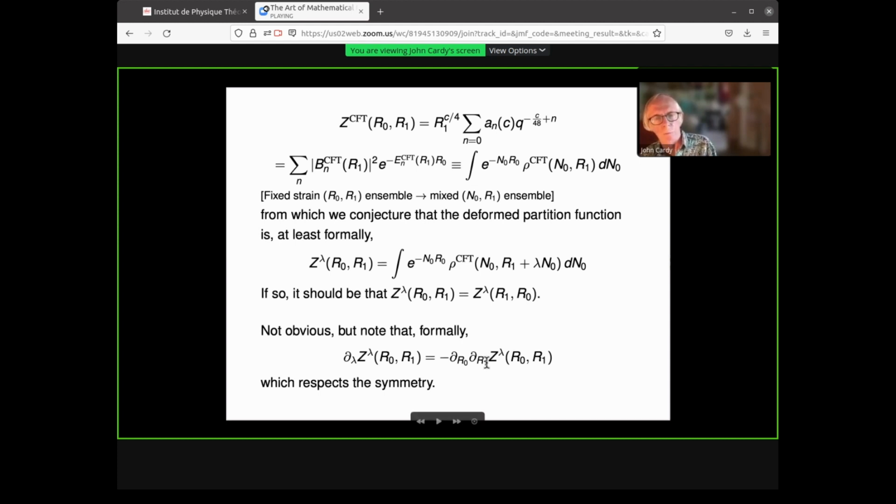But that doesn't mean the solution is. And in fact, because this is not an elliptic operator, it's hard to prove that the solution is unique.